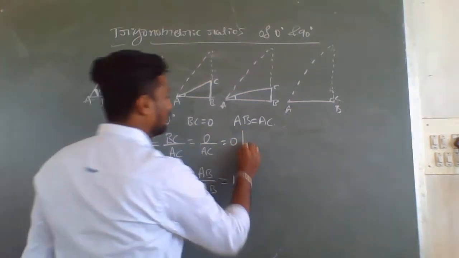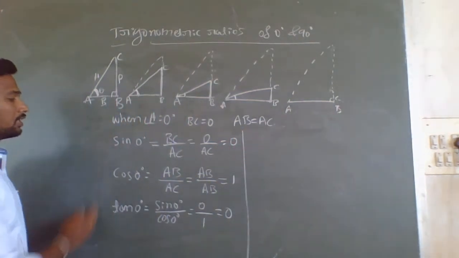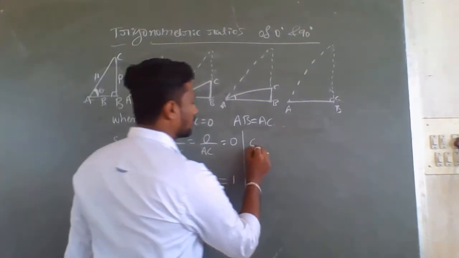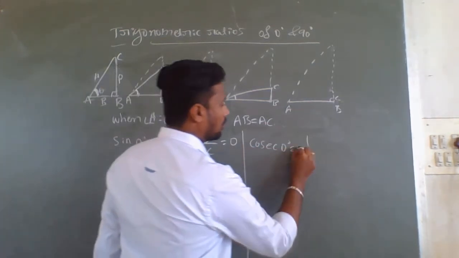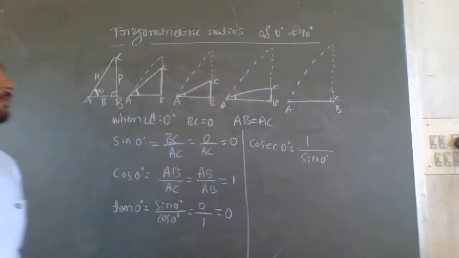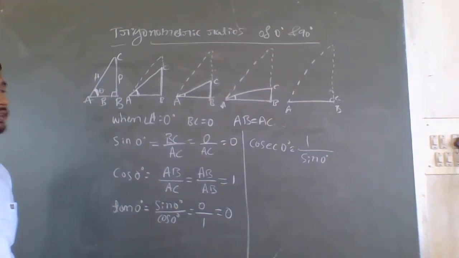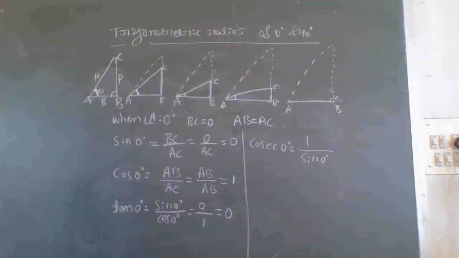So now we will find out the reciprocals of these values. Now we will find out cosec 0. This is the reciprocal of sin 0. We know that sin theta is the reciprocal of cosec theta, so you can write cosec 0 equals 1 by sin 0.